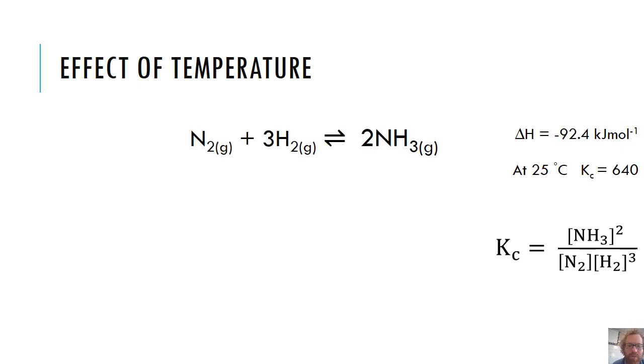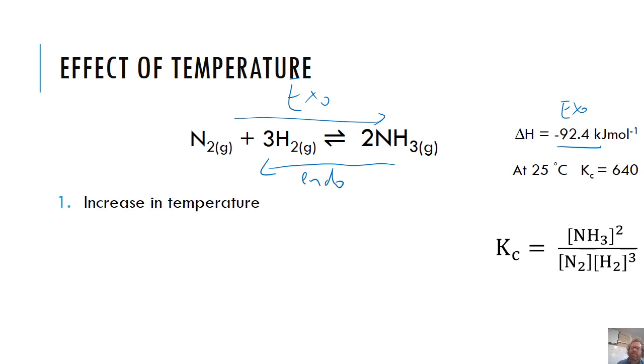So, turning to our example here of ammonia, if we look at this delta H, we can see that it is negative, therefore it is an exothermic reaction. So that tells us the forward reaction is exo, and therefore the reverse must be endo. So what are our scenarios? If we're increasing temperature, let's remember, increasing temperature favours the endothermic reaction.